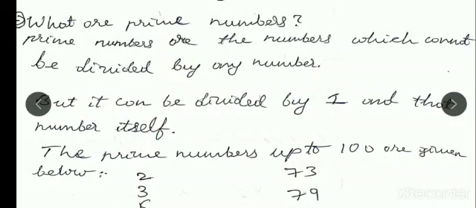For example, let us take the number 5. 5 cannot be divided by any number, but 5 can be divided by 1 and 5. 1 fives are 5, that's all. Like that, a prime number is a number which cannot be divided by any number, but it can be divided by 1 and that number itself.